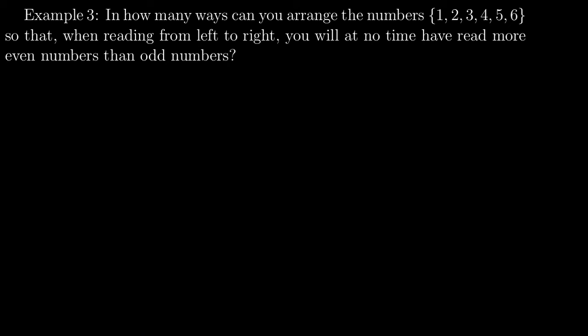And one more example now. In how many ways can you arrange the numbers 1, 2, 3, 4, 5, 6 so that when reading from left to right, you will at no time have read more even numbers than odd numbers? A lot of the applications of the Catalan problems have to do with making sure that you never pass something up. So in this case, we have odd, even, odd, even, odd, even.